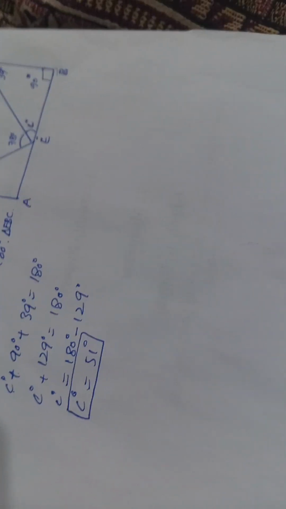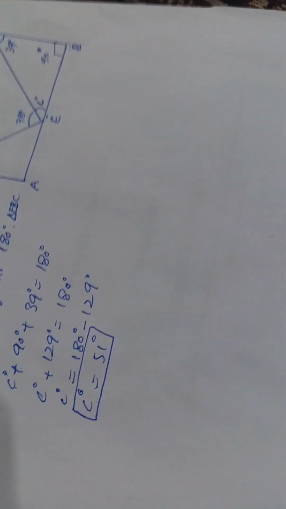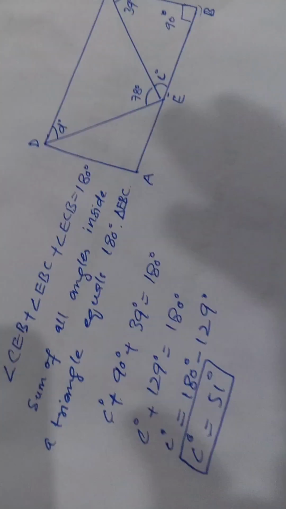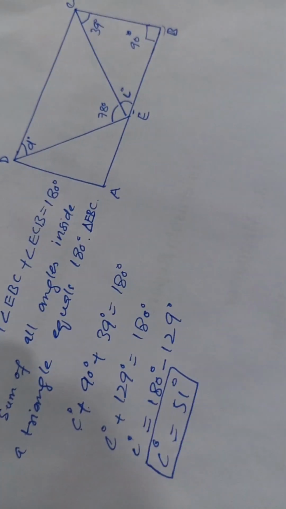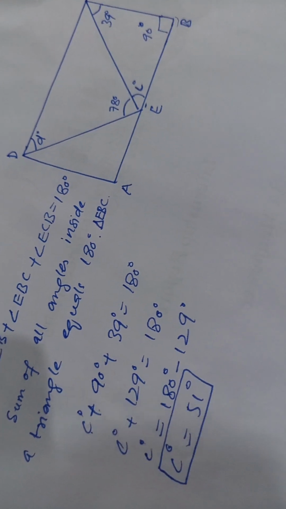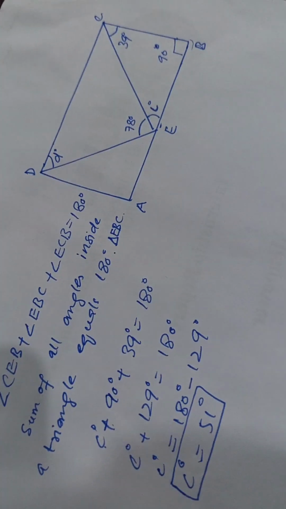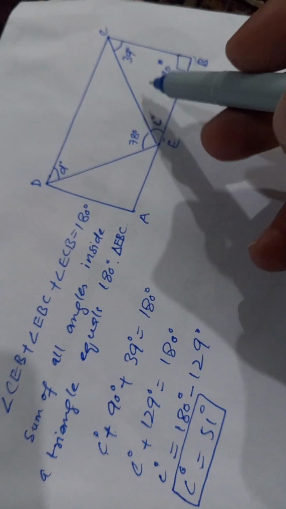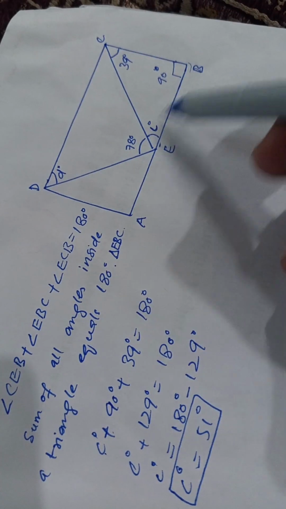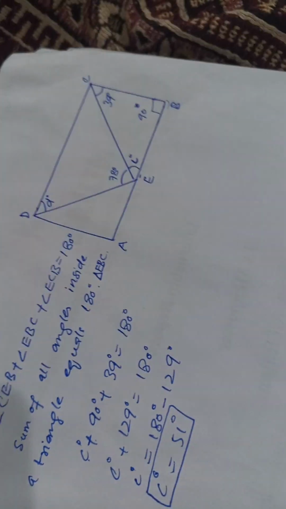So we have found the value of c degree. I told you that if you memorize the laws, remember them and practice them, then you will be able to solve this question. These are very easy questions. Just think of them as triangles, or think of the ways you can solve them.